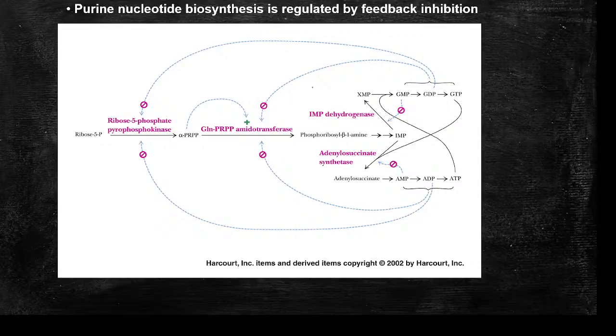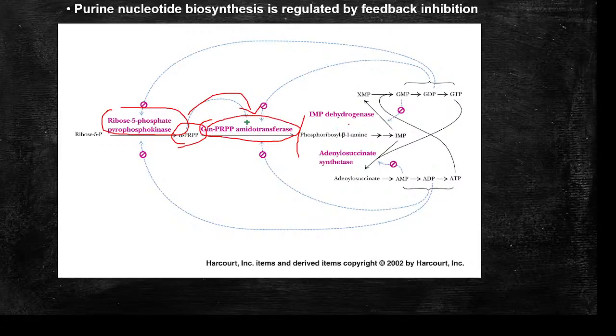Okay, so if AMP, GMP, GDP, GTP, or AMP, ADP, and ATP are in excess, they block the first two steps, that is ribose 5-phosphate pyrophosphokinase enzyme and glutamine PRPP amidotransferase. So then they block the further nucleotide synthesis. Okay, so if excess amount of PRPP is present, this will induce the amidotransferase enzyme.